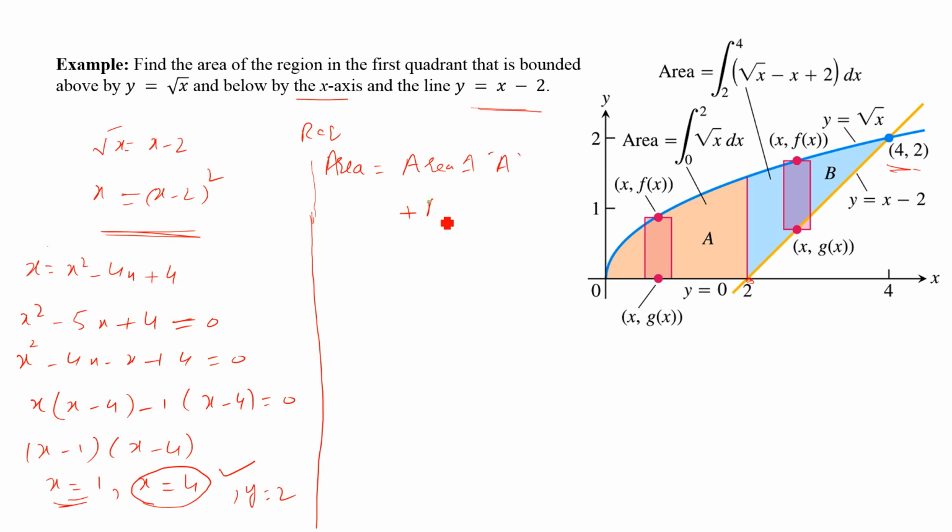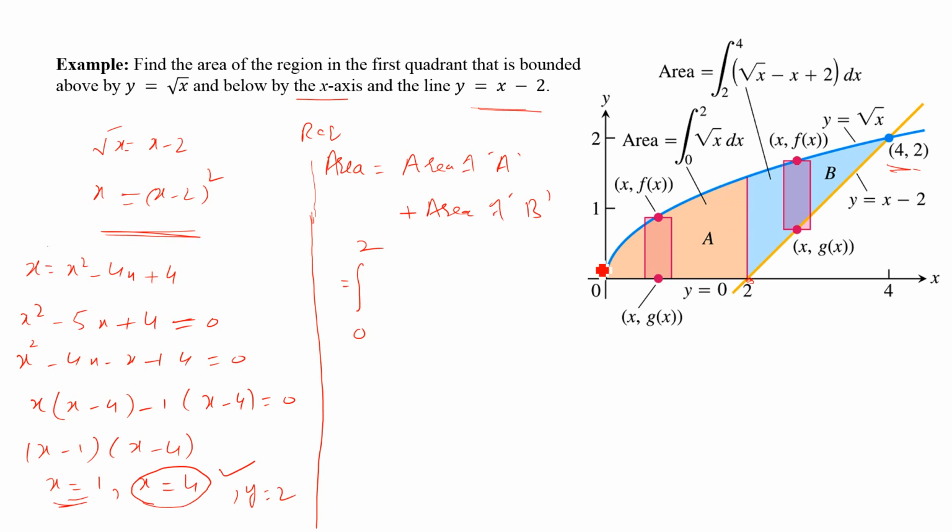plus the area of region B, and this is equal to, now we can use the integration form, integral 0 to 2, and this is nothing but the area above the closed interval 0 to 2 under the curve y is equal to square root of x.